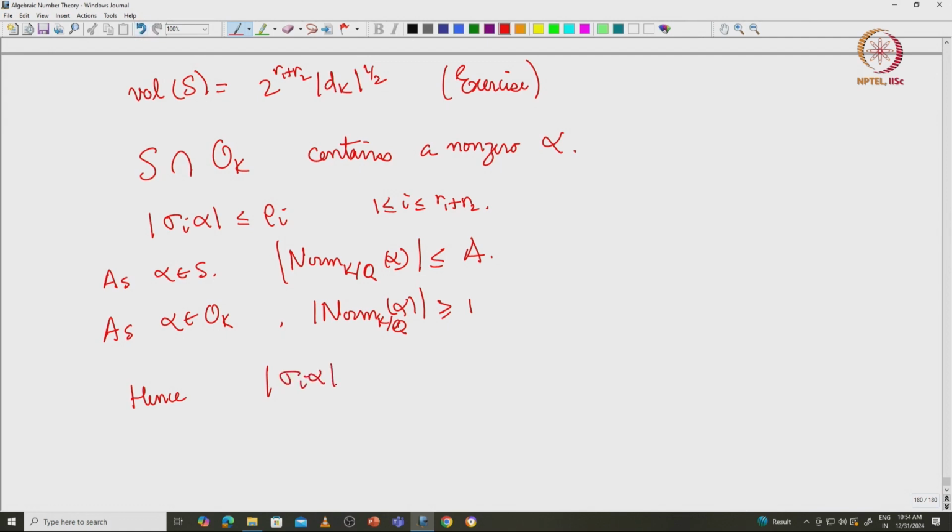Sigma i alpha is bigger than or equal to A inverse rho i for i between 1 and r1, and then sigma i alpha is bigger than or equal to A inverse rho i squared for r1 plus 1 less than or equal to i less than or equal to r1 plus r2. Okay.